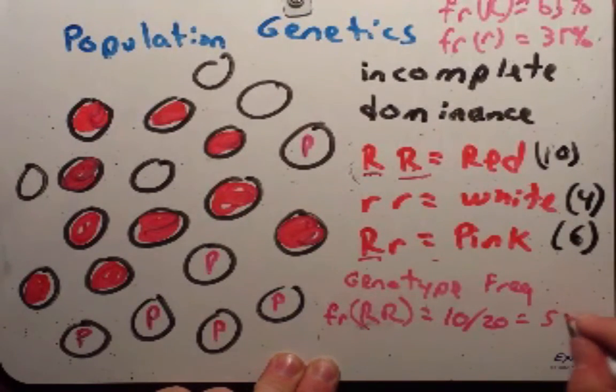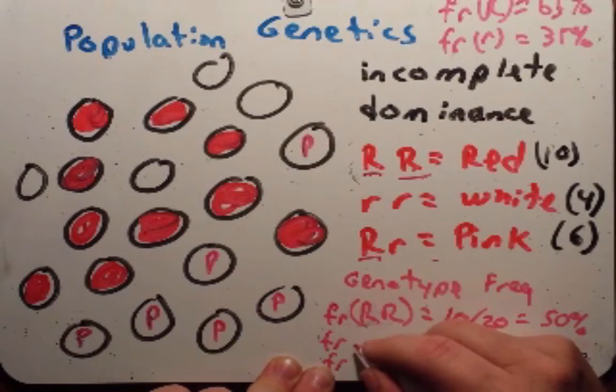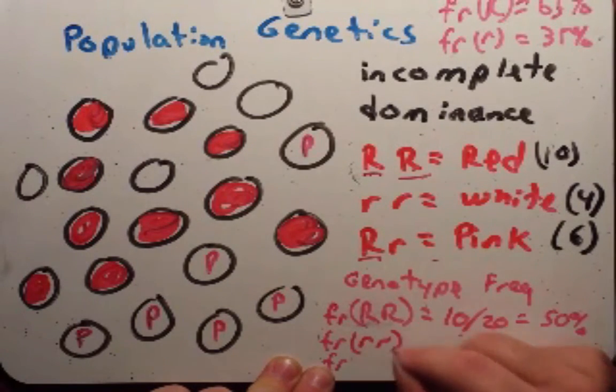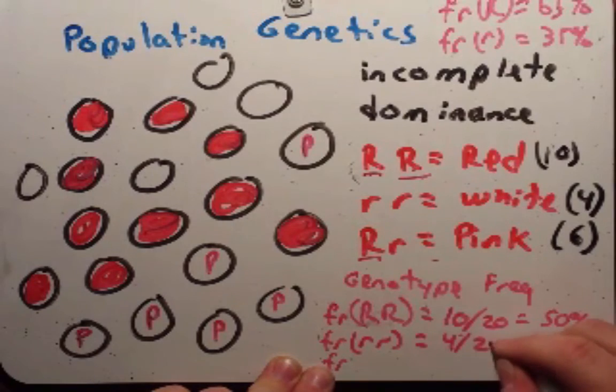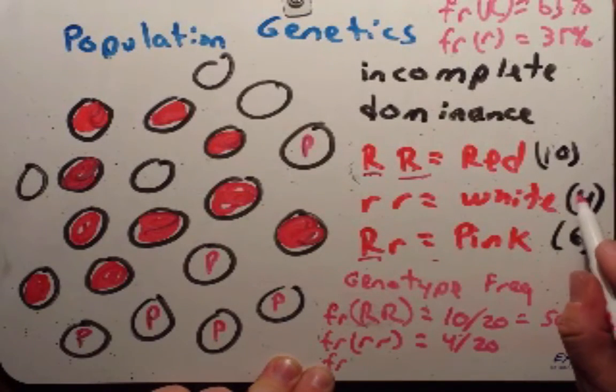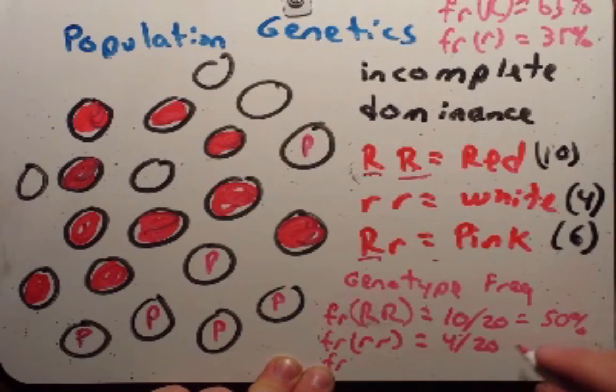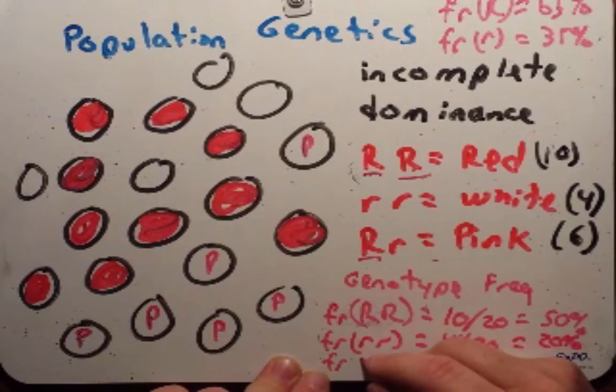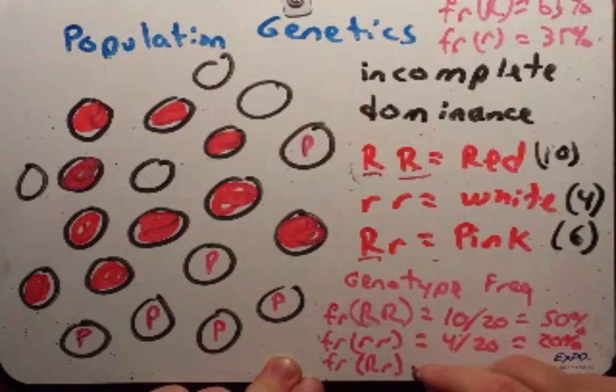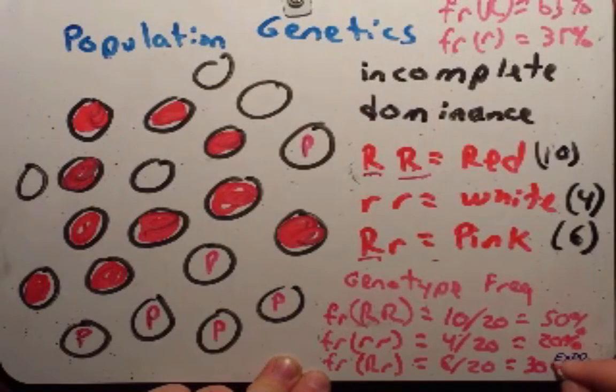So we know that's 50%. The frequency of little r, little r is going to be 4 divided by 20, 4 white ladybugs divided by a total number of 20, and that gives us 20%. Then the frequency of the heterozygote, big R, little r, is going to be 6 divided by 20. And that's going to be equal to 30%.